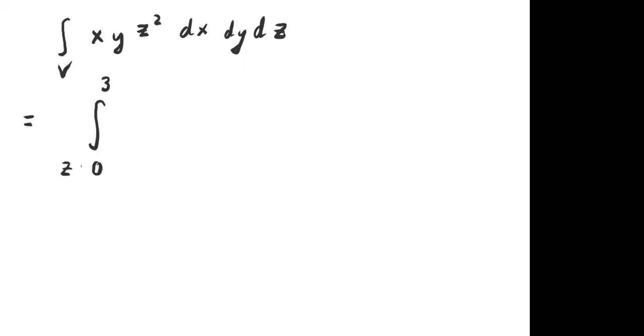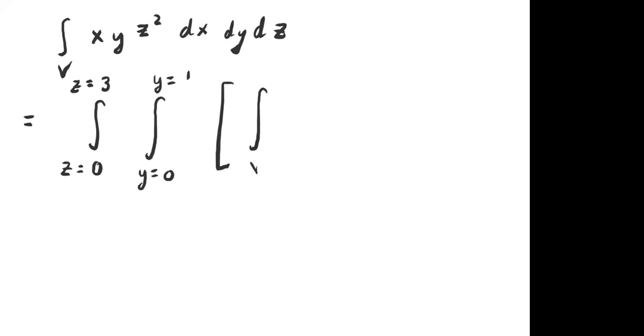It's x times y times z squared dx dy dz. And that's going to be an integral over z, where z goes from 0 to 3. It's going to be an integral over y, where y goes from 0 to 1. And there's going to be an inner integral I'm going to do over x, where x goes from 0 to 1 minus y.